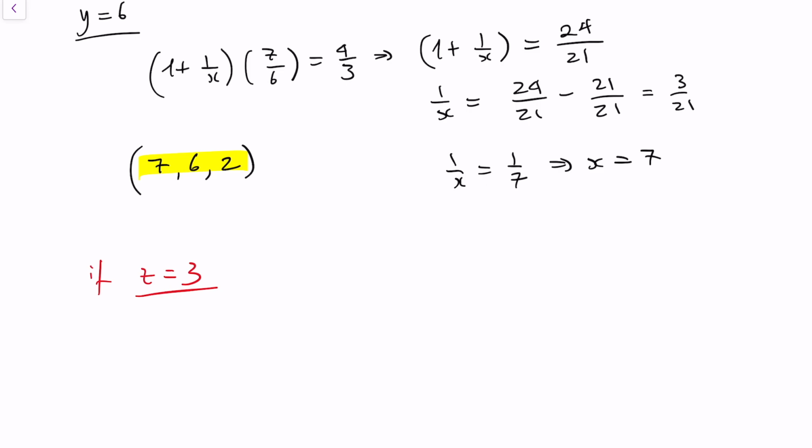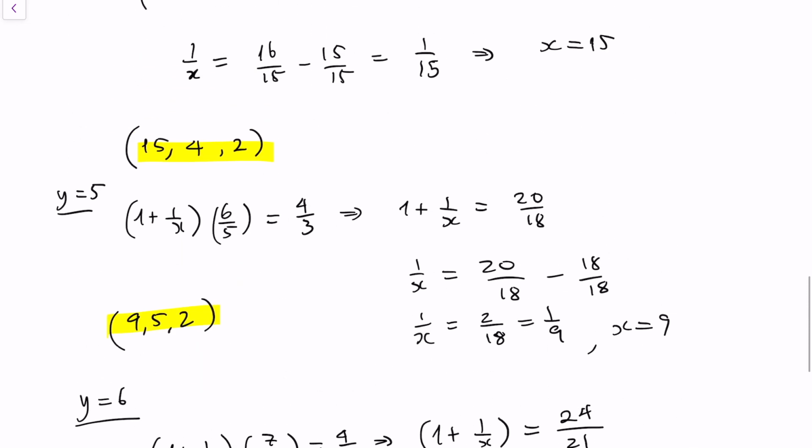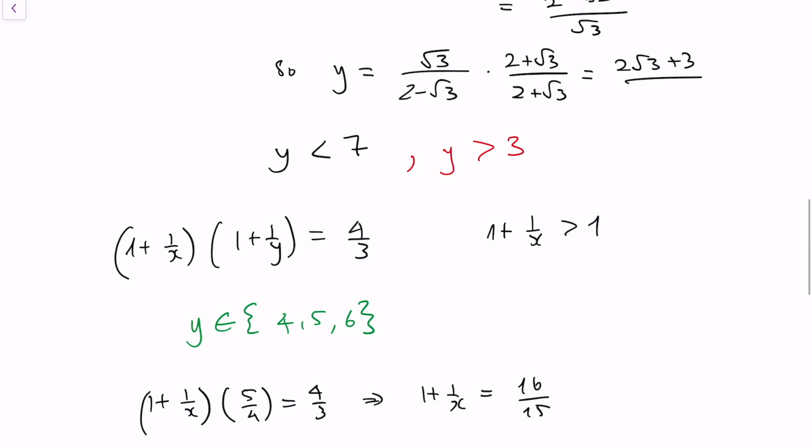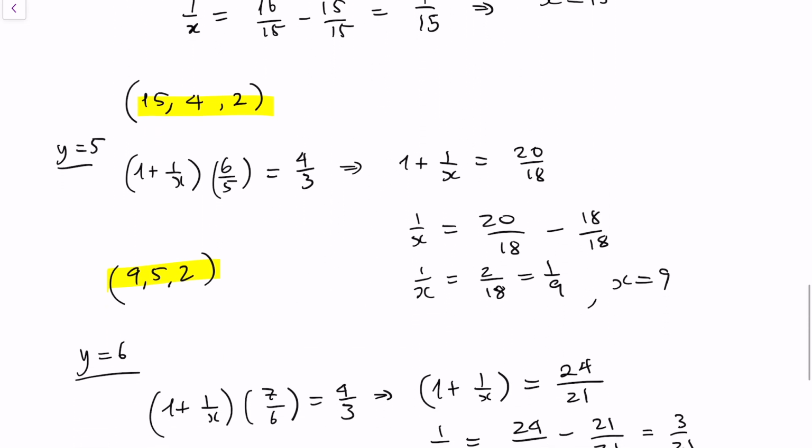So the solutions you will get are 8, 3, 3 and 5, 4, 3, right? That is for z equal to 3. Of course, you need to work out the possible values of y before you solve that, just like in the method that we have used here. And then it should be quite easy to solve.